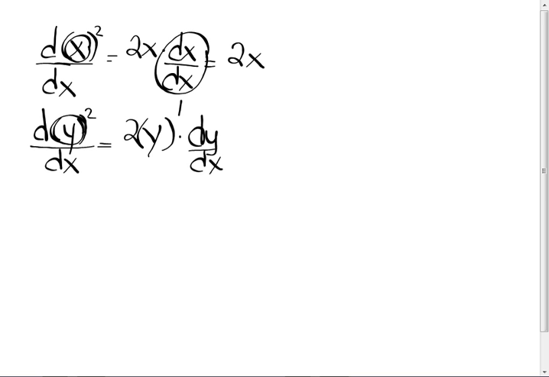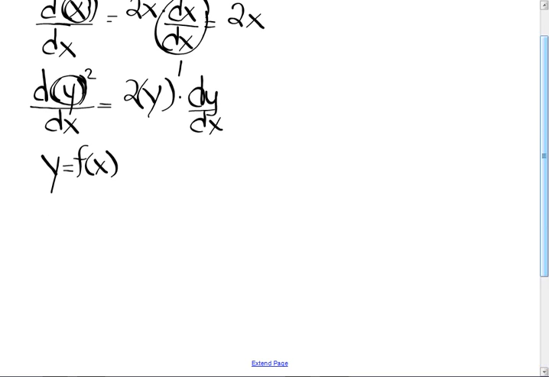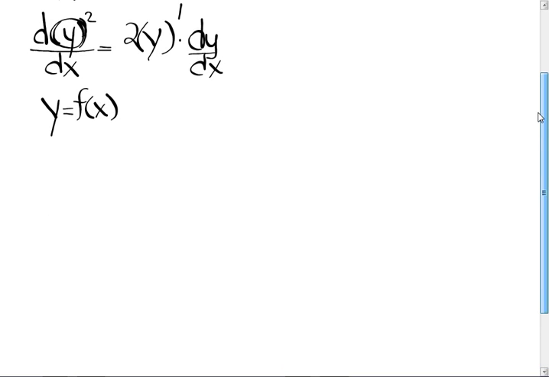Let me try it a different way. Let's say y is equal to f of x, because it is, right? So in place of, and this is where it looks like the homework, and I remember seeing that in the book someplace, I'm going to find the derivative of y squared with respect to x, but in place of y, I'm going to put in f of x. Right? We did that in the homework, if we did the homework. What is the derivative of this?